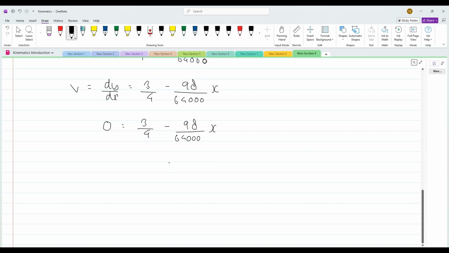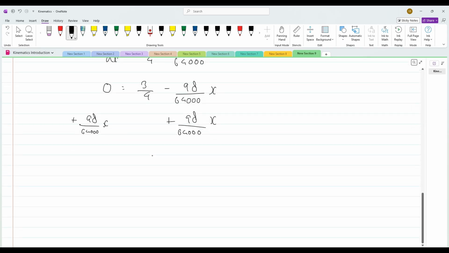So if we add 98 over 64,000 x to both sides, we get 98 over 64,000 x equals 3/4.